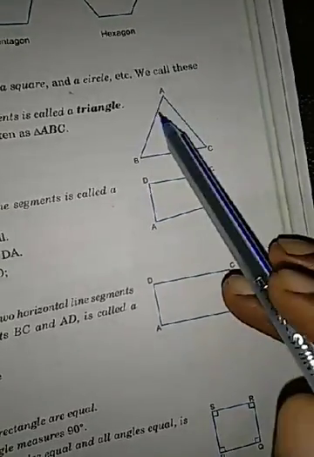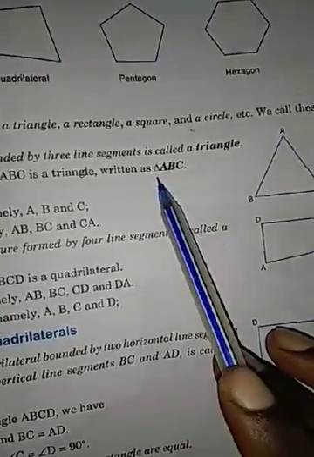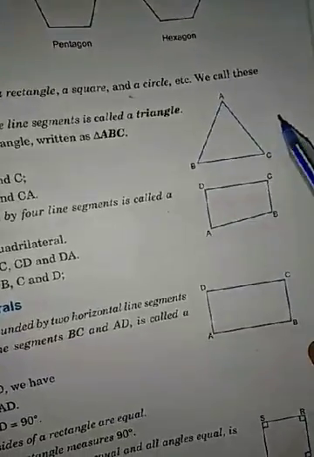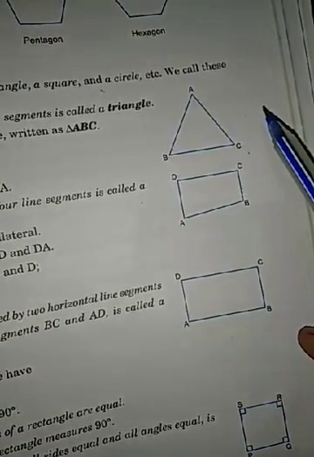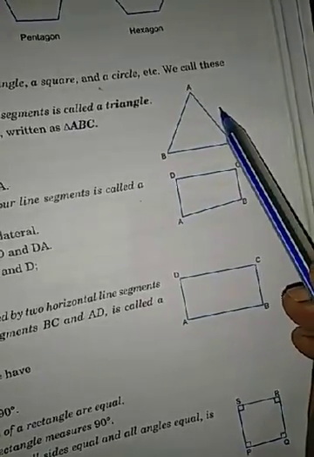Here, ABC is a triangle. Symbolically, it is written as triangle ABC. A triangle has three vertices, namely A, B, and C, and three sides AB, BC, and AC.